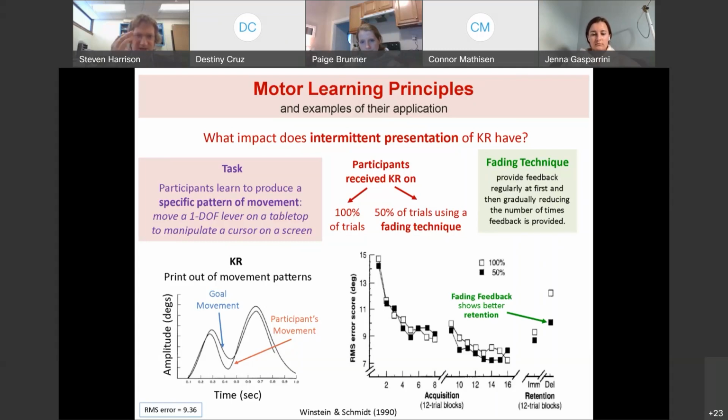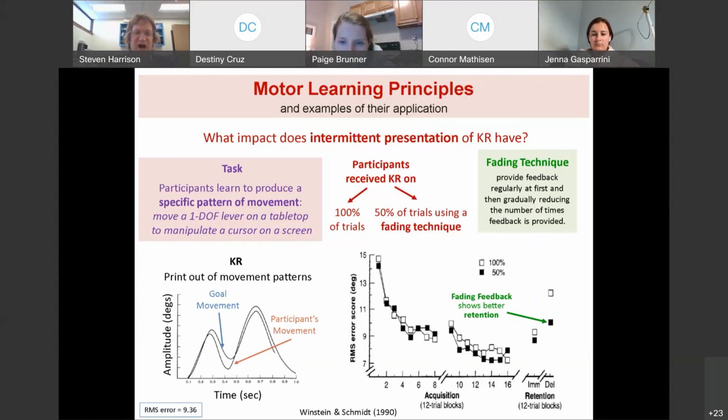So here's the results. We're going to be measuring the error. If you look on the graph on the left, with the relationship between the goal movement and the participants' movement, you can imagine the amount of deviation, how far you've deviated from the expert's movement, the goal movement, and you add up all of those differences, that's going to give you the amount of error that you're making.